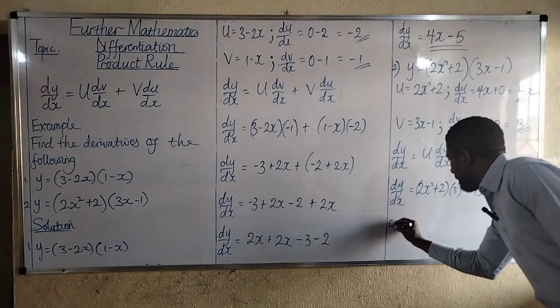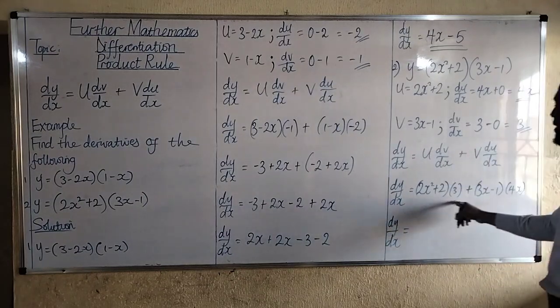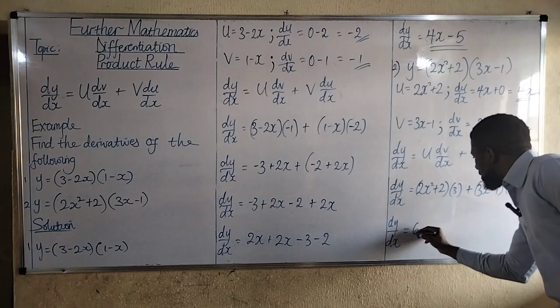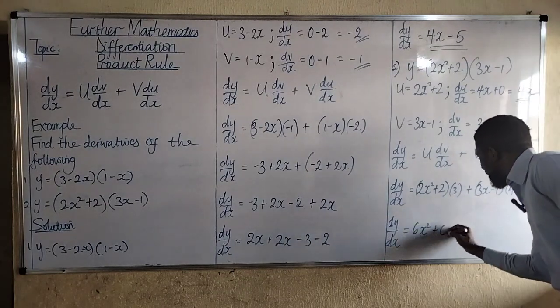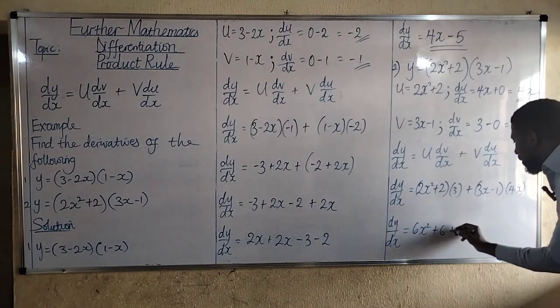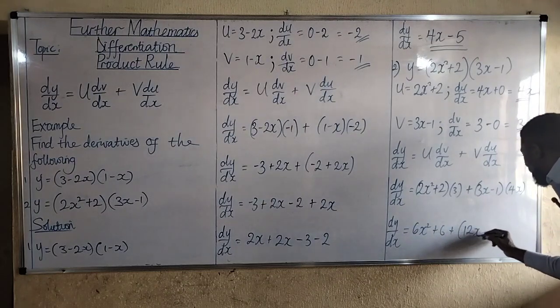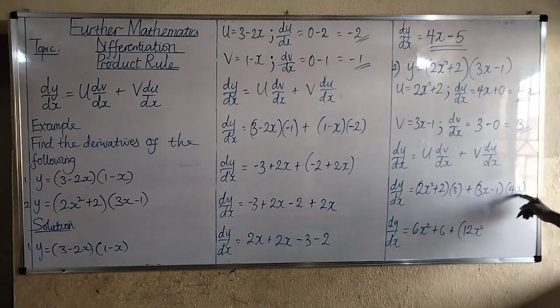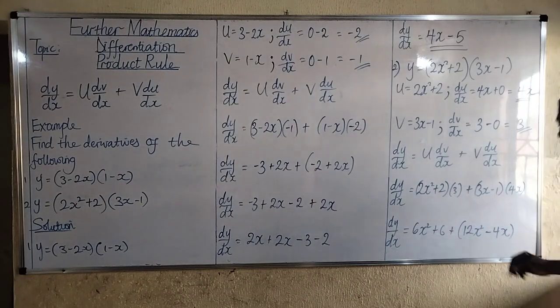Time to multiply. 3 times 2 will give us 6x squared. 3 times 2 here will give us plus 6. Still maintaining the plus, open bracket. 4x times 3x will give us 12x squared. 4x times negative 1 will give us negative 4x.